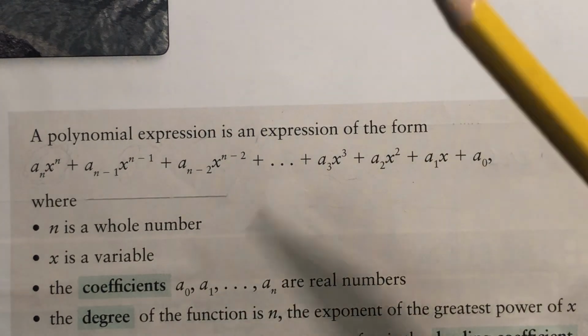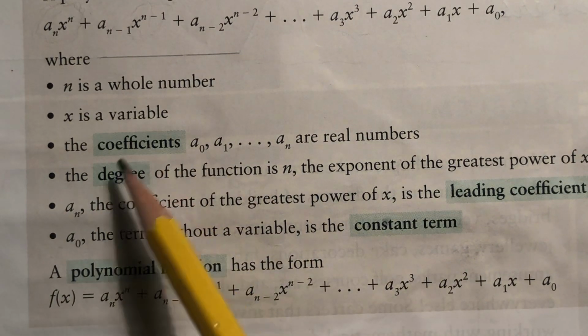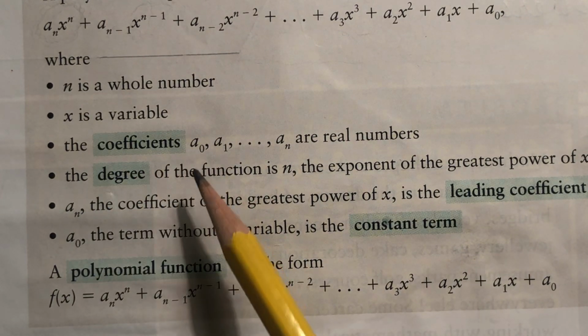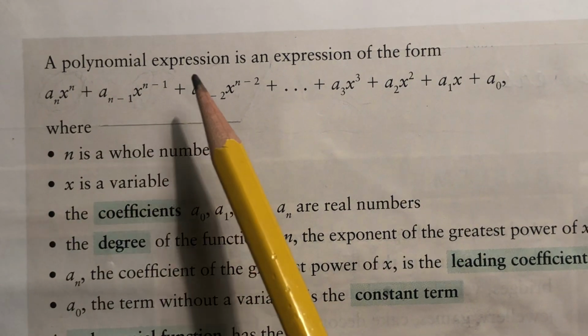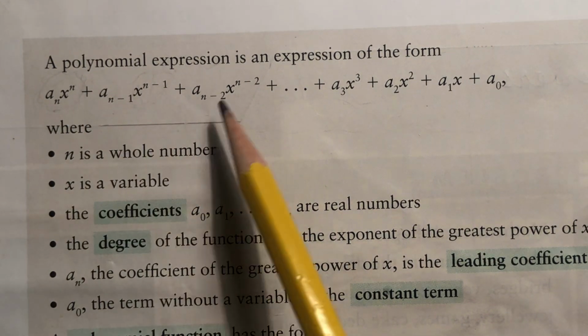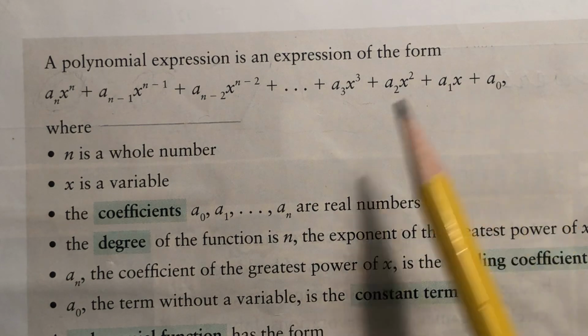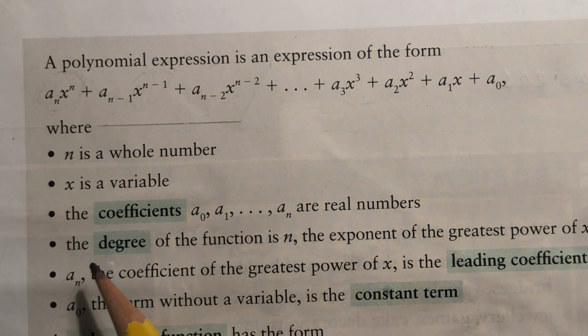All right. There is another name called coefficients. What are the coefficients? We go to the polynomial expression. These a's, a here, a, the many a's, these a's are called coefficients.